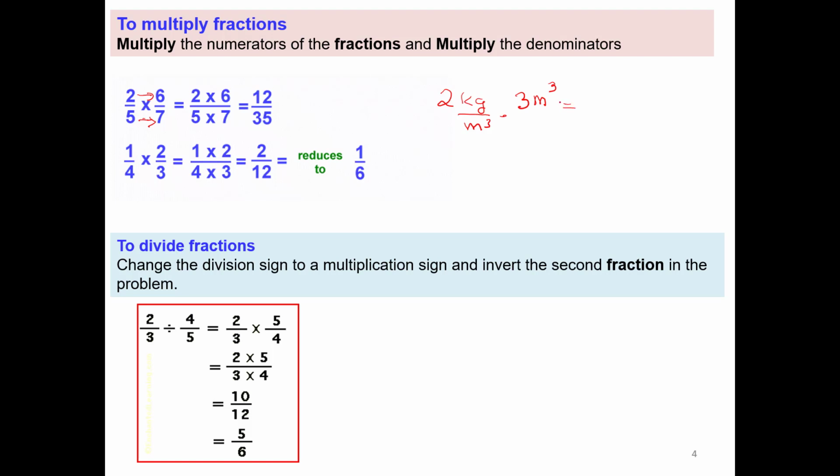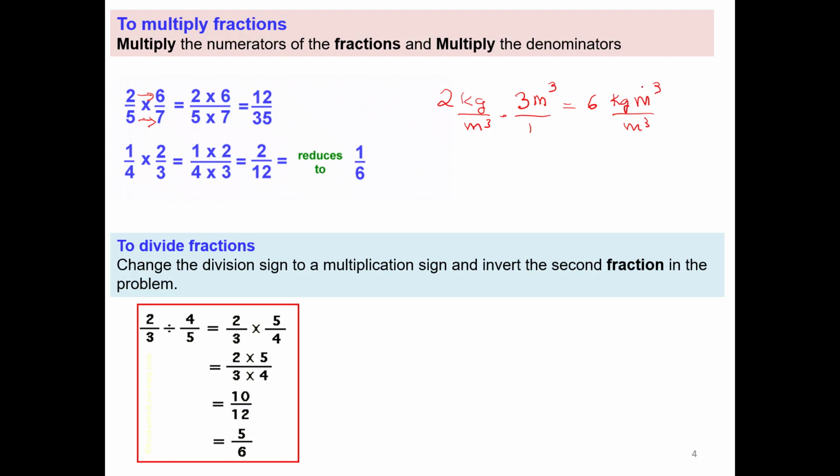And we will do exactly the same. Yes, we multiply numerator with numerator and denominator with the denominator. Then 2 times 3 is 6, and kilograms. As we multiply numerator with numerator it is 6 kilograms cubic meters, and cubic meters times 1 will be cubic meters.